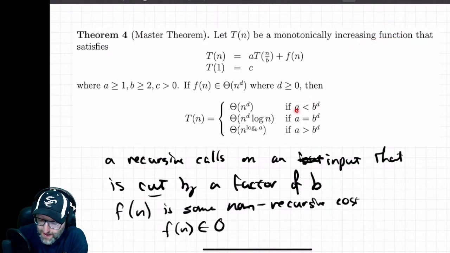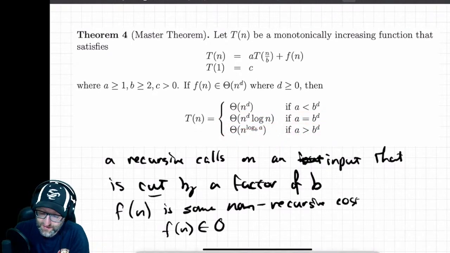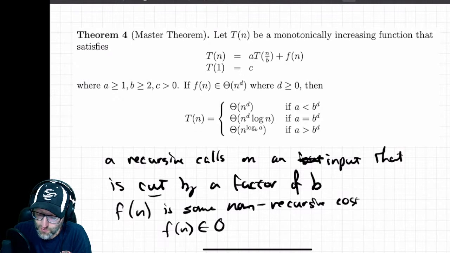If a is strictly less than b to the d, then you've got a recurrence with this asymptotic analysis. If they're equal, then you've got a recurrence of this asymptotic analysis, and if it's greater, then you've got this. What this is doing is capturing the notion that you are doing less recursion than you are doing non-recursive work.